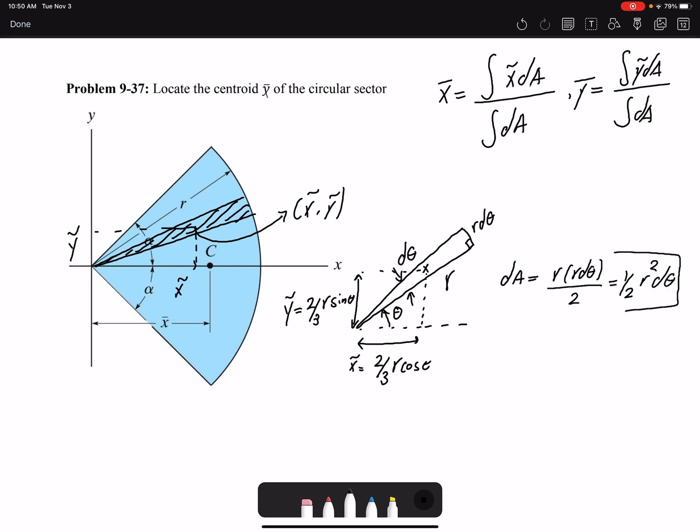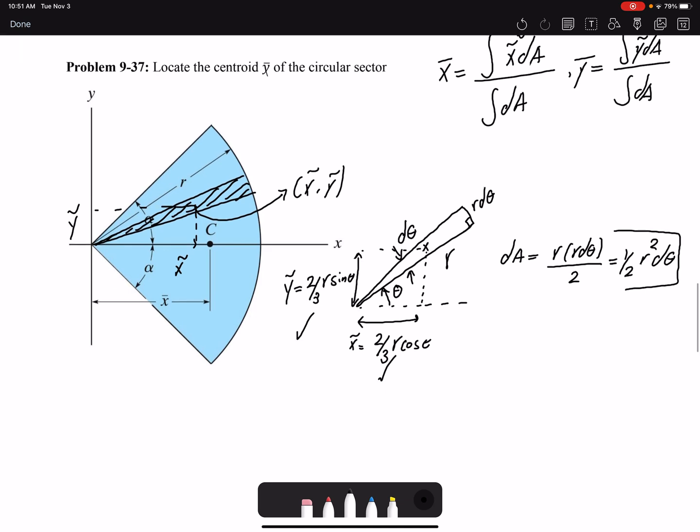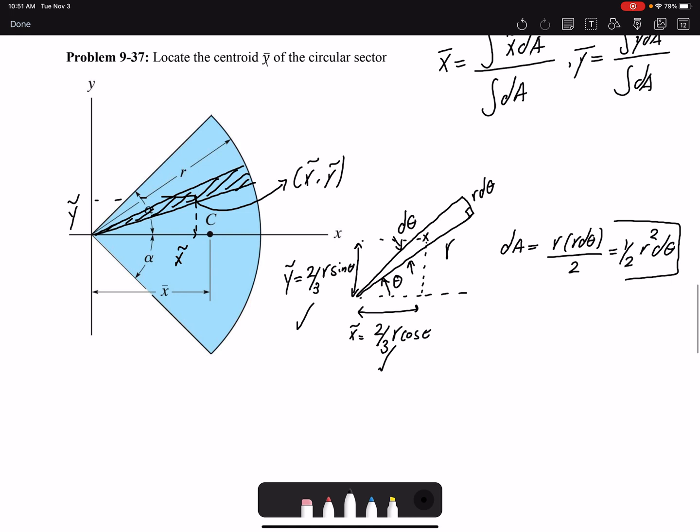Now that I have dA and x tilde and y tilde, I can plug them into the equation and find my centroid. Y bar is 0 because we have symmetry. But I'm going to find x bar.